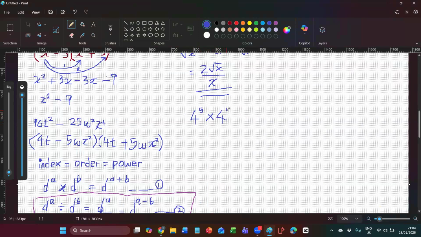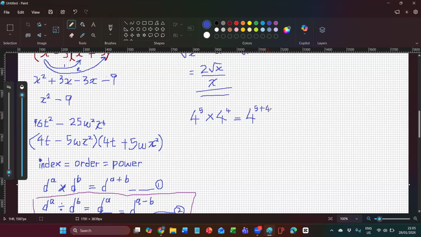What do you think will happen in this case? The bases are the same, right? So we can just simply take one of them, right? And then add the powers, isn't it? Okay. So 5 plus 4 is 9.